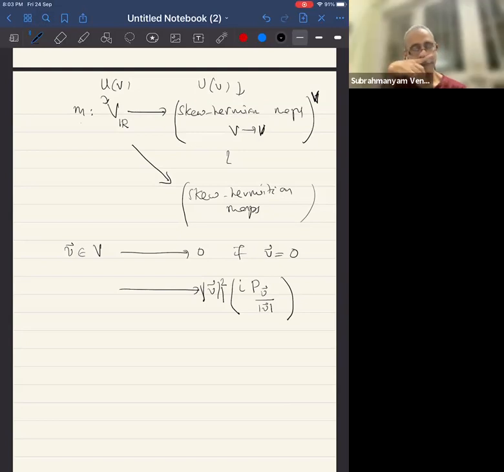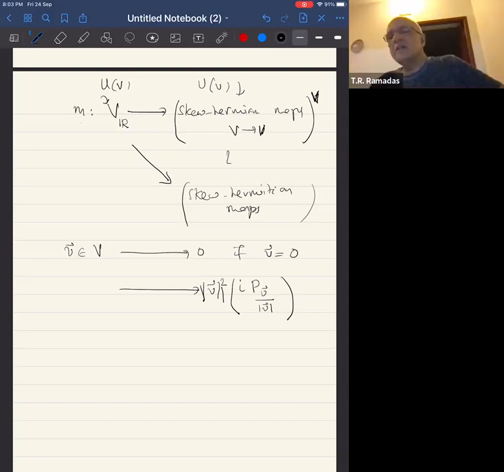Correct. Okay. Therefore, because it preserves the complex inner product, it preserves both the real part of this and the imaginary part of it. The imaginary part defines the skew form, the symplectic form.